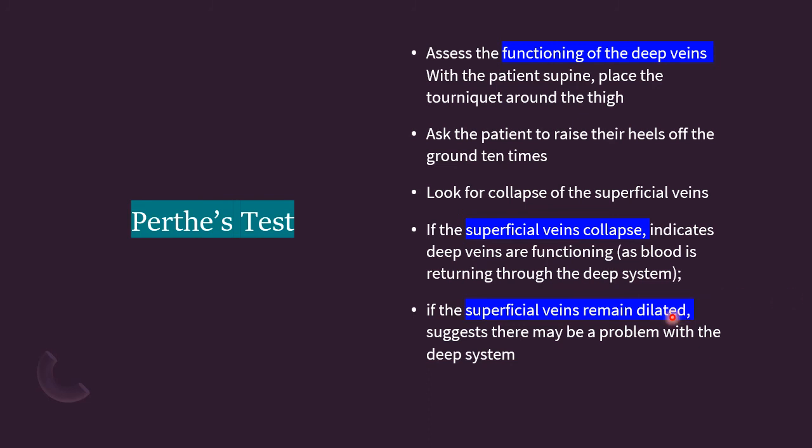Then it is considered Perthes test positive. So when the Perthes test is positive, it suggests a deep vein problem, either deep vein thrombosis or incompetent veins or incompetent perforators.